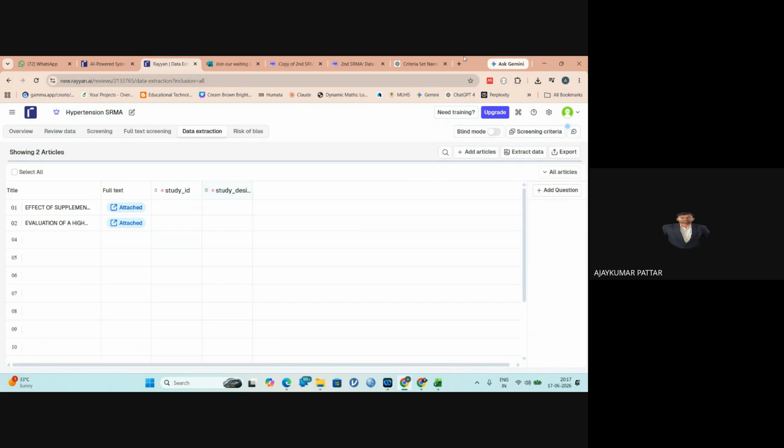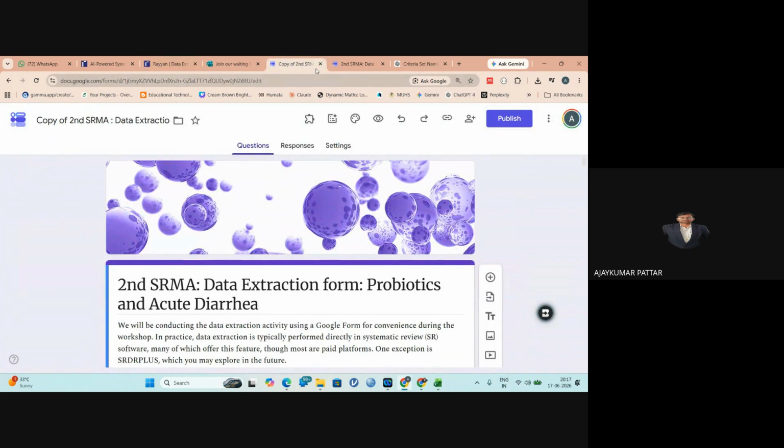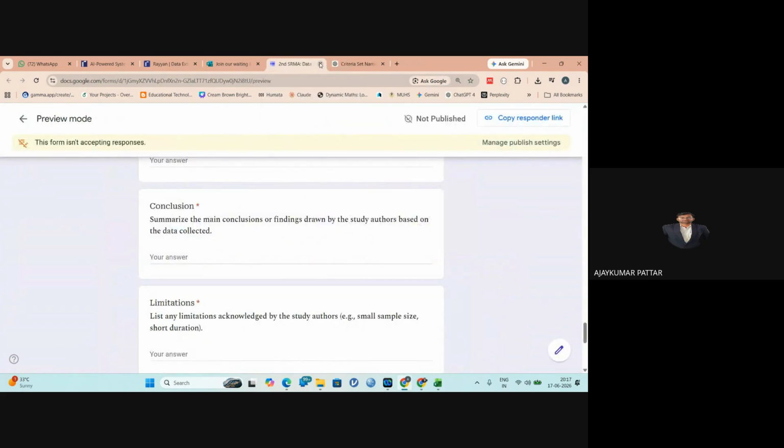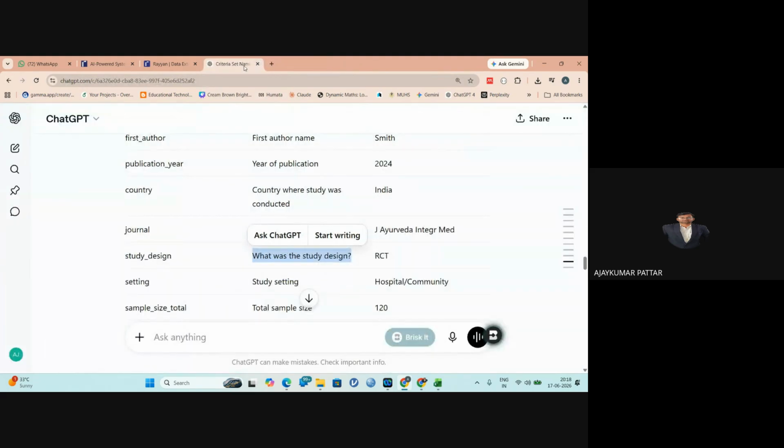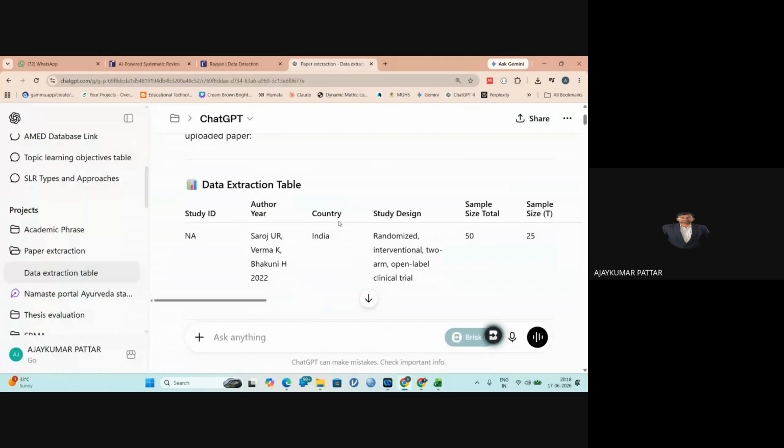Anyhow, I have shown the data extraction with this particular Excel. Google Form also, we will enter the things and we will extract the data. So this is about data extraction. In ChatGPT also I will show how we can do this particular data extraction. That is one of the projects I have done: paper extraction, data extraction table.